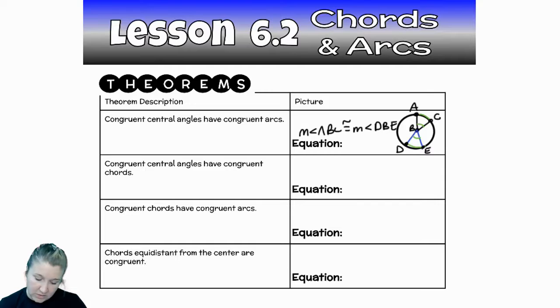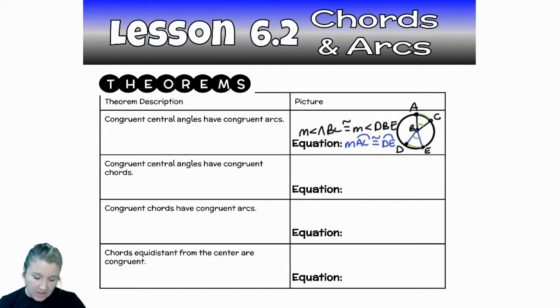And then we also have the measure of arc AC is going to be congruent to the arc DE. So we're going to remember central angles are equal to their intersected arc, the arc in between the two radii that make up that angle.